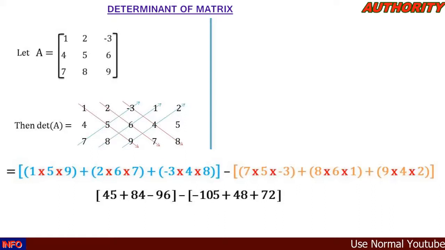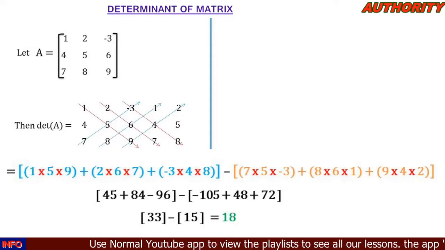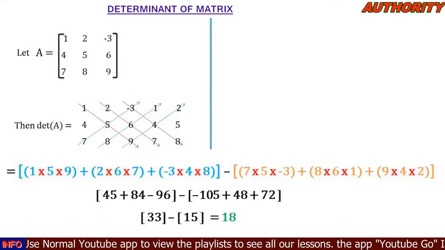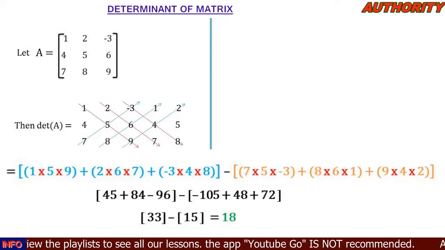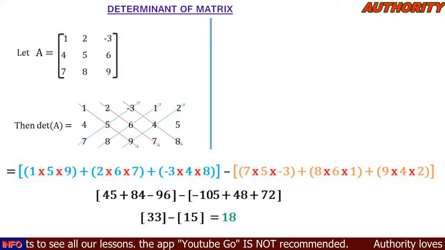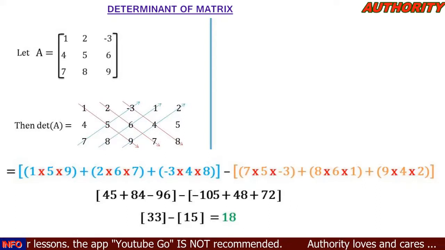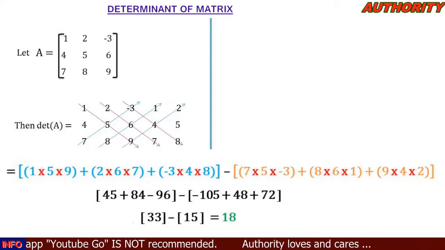And 9 times 4 times 2 gives us 72. In the first big bracket, 45 plus 84 minus 96 gives us 33. In the other bracket, minus 105 plus 48 plus 72 gives us 15. So we have 33 minus 15, which is equal to 18. Therefore, the determinant of matrix A is equal to 18.